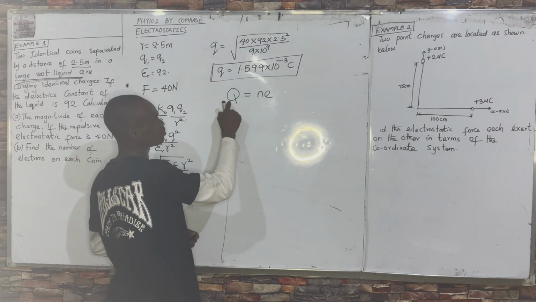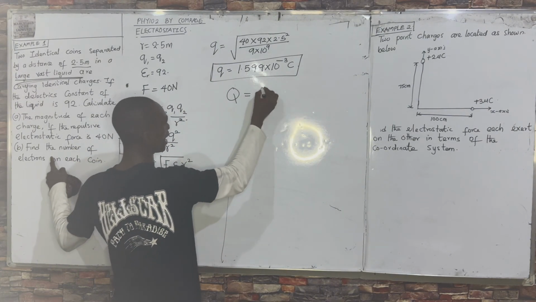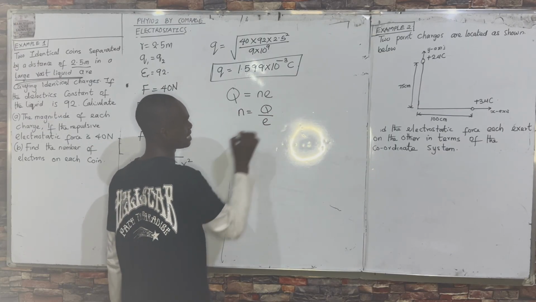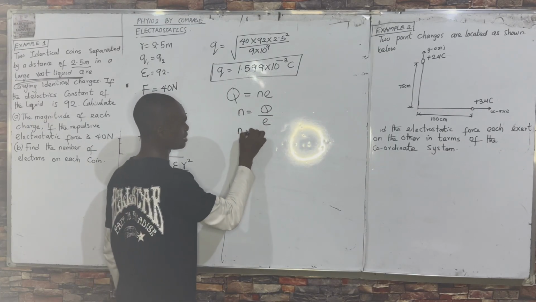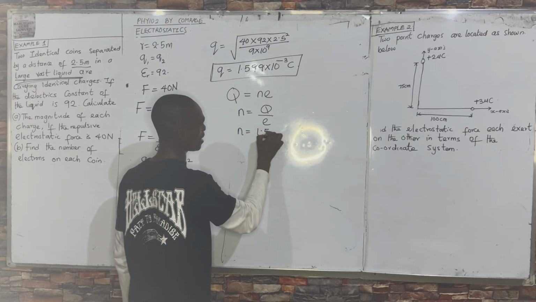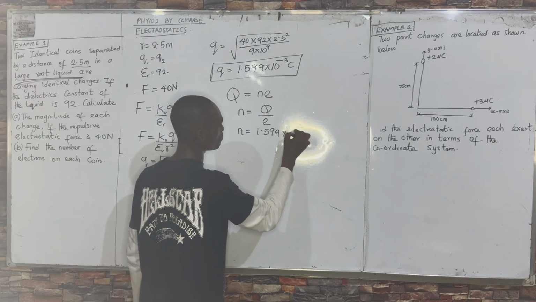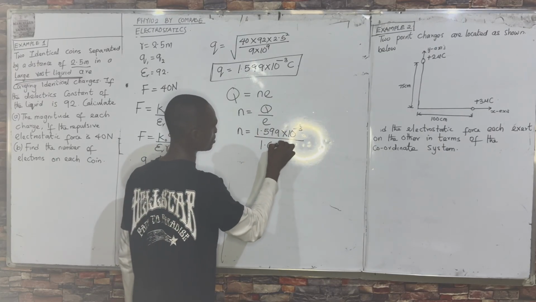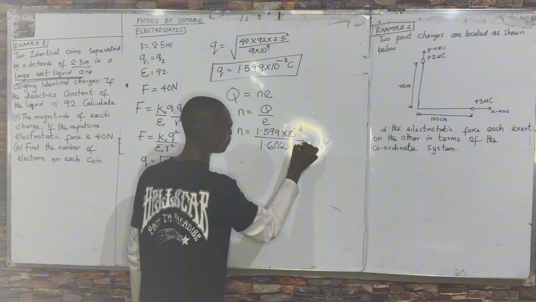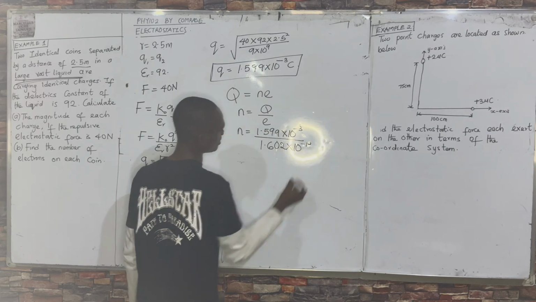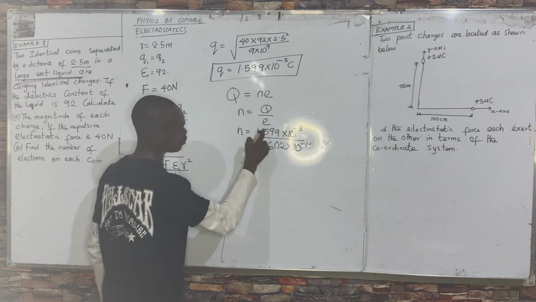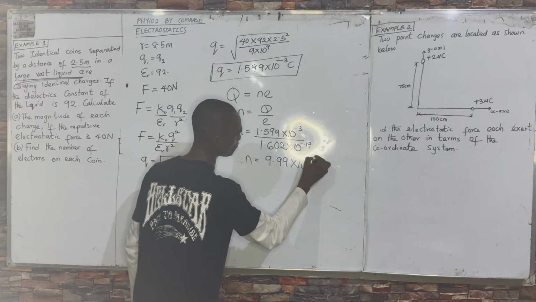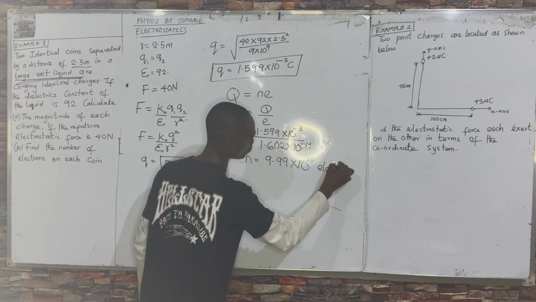You are looking for N. If I make N the subject, N becomes Q over E, where Q is 1.599 times 10 raised to power minus 3 over E, which is 1.602 times 10 raised to power minus 19. So if you press your calculator, N should give you 9.99 times 10 raised to power 15 electrons.